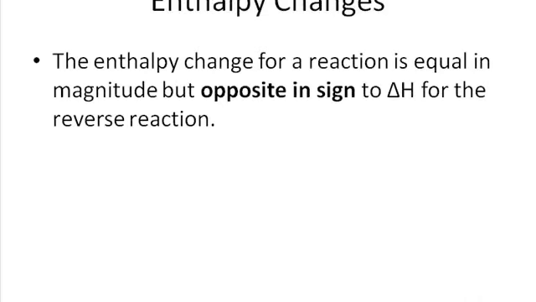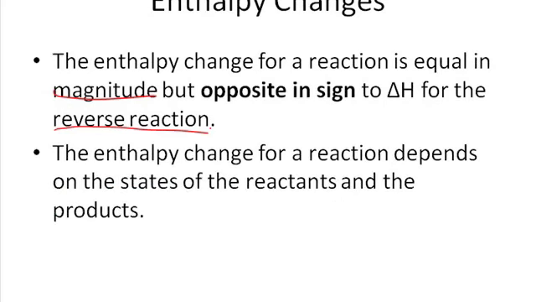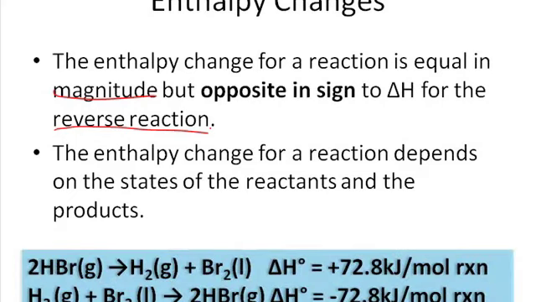Alright, so the enthalpy change for a reaction is equal to the magnitude, which is the size, but opposite in sign to delta H for the reverse reaction. So what does this mean? The enthalpy change for a reaction depends on the states of the reactants and the products. Here are two reactions, just one going in the reverse. This one going in this direction is positive, which means it's endothermic.